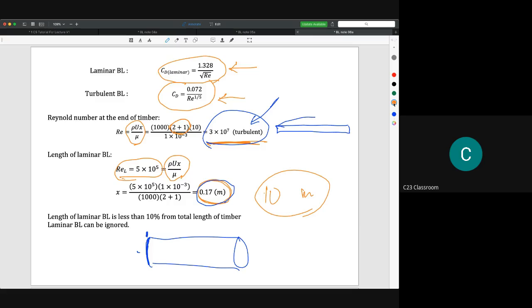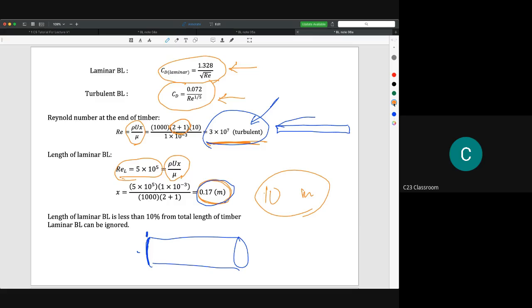Okay, yesterday's notes. I gave you notes about how to calculate boundary layer thickness, drag, and so on and so forth. If the laminar boundary layer cannot be ignored, the existence of the laminar boundary layer might be 40%, 30%, or more than that.